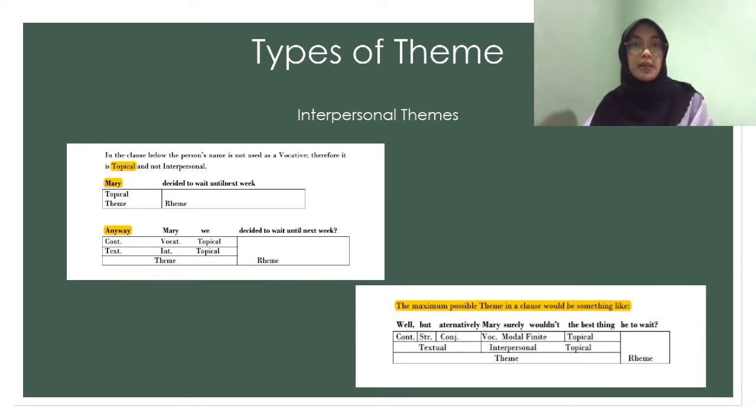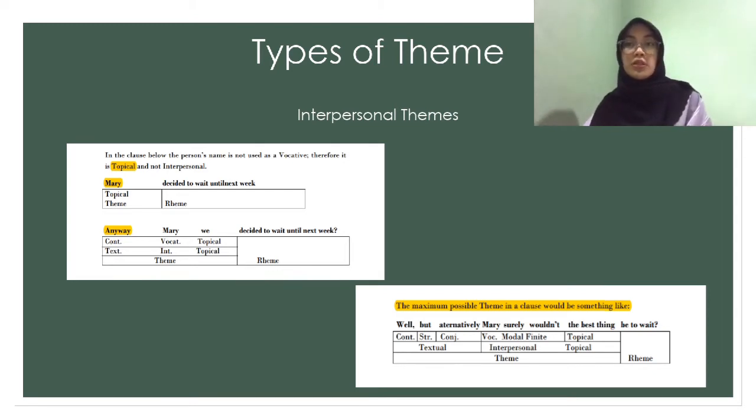The other example is "Anyway, Mary, we decided to wait until next week." "Anyway" is continuative and also textual, "Mary" is vocative and also interpersonal, and "we" is topical. "Anyway, Mary, we" is the theme, and "decided to wait until next week" is the rheme.